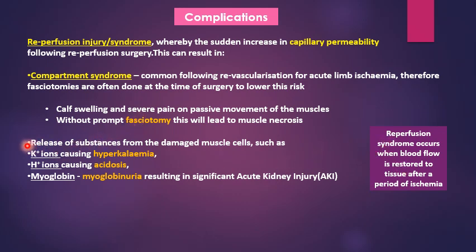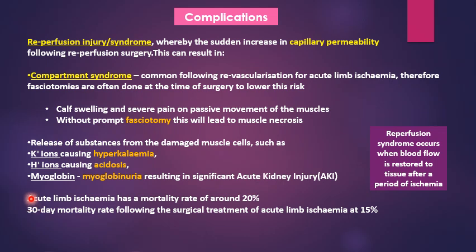There's a release of substances from the damaged muscle cells, such as potassium ions causing hyperkalemia, hydrogen ions causing acidosis, and myoglobin causing myoglobinuria, resulting in significant acute kidney injury, AKI. So these patients can develop myoglobinuria, leading to acute renal failure as well.